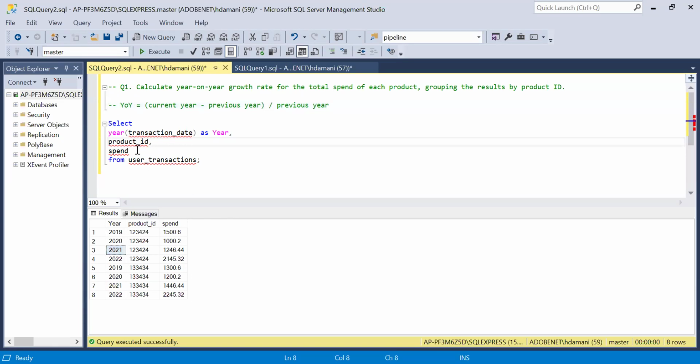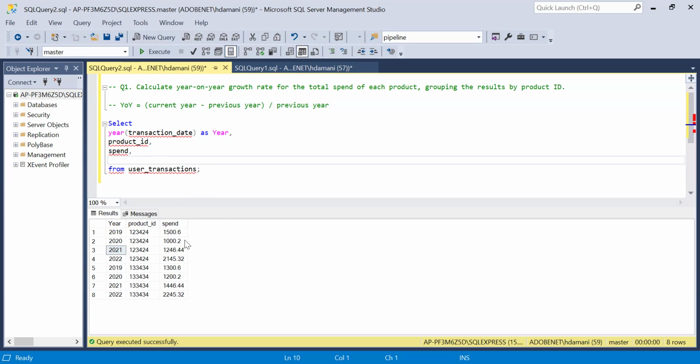In advanced SQL, we have analytical functions. There are two really powerful ones, which are lag and lead. Lag will give you the previous row's record along with the current row.